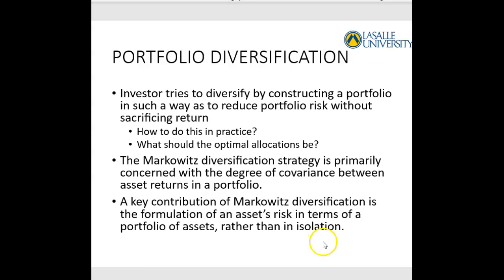But when I add it to my portfolio, the risk of my portfolio is going to depend on not only my existing portfolio's variance and the variance of the newly added stock XYZ, but also how XYZ covaries with my existing stocks in my portfolio. So that's the major contribution of Markowitz's diversification strategy.